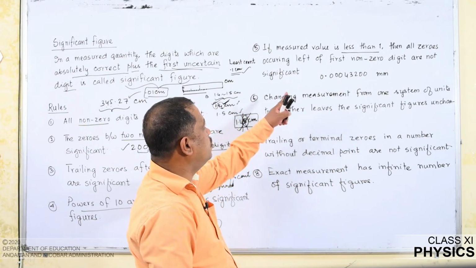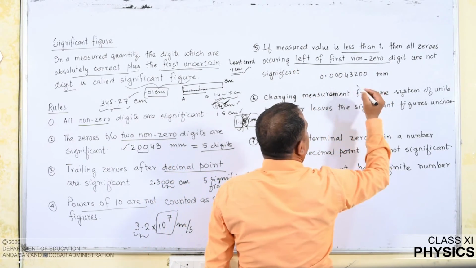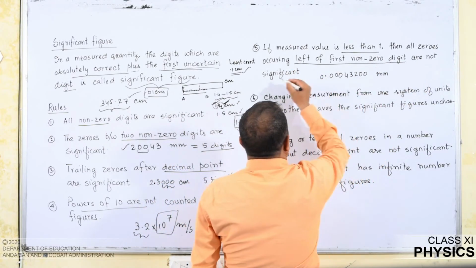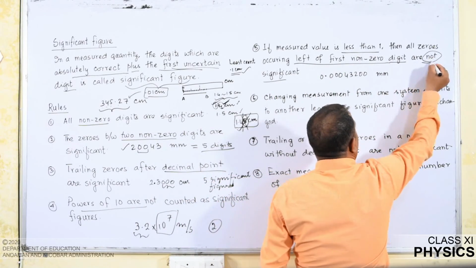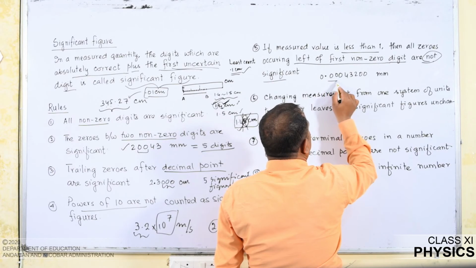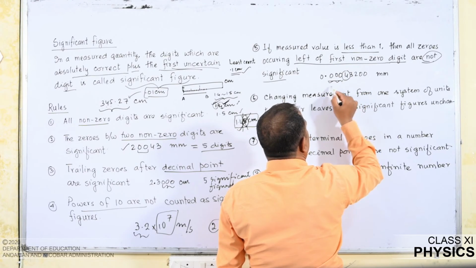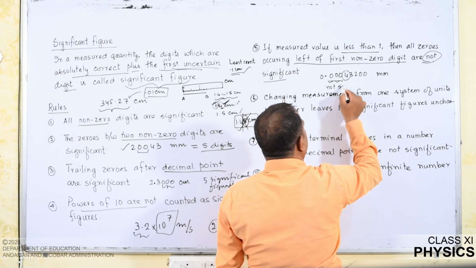Then all the zeros occurring left of the first non-zero digit are not significant. That means after decimal point, the zeros up to the first non-zero digit are not significant.